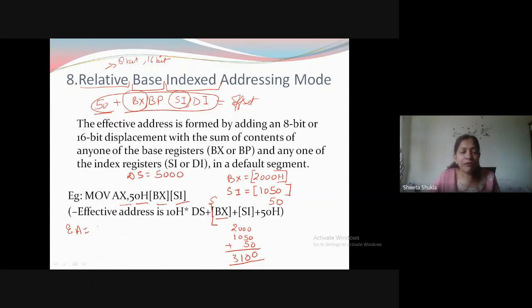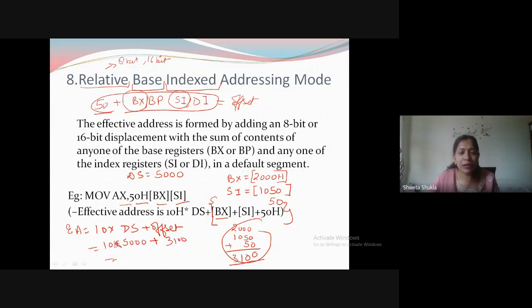Remember, you are multiplying by DS, 10 into DS plus offset. You know that 10 into 5000 plus the offset, because this completes your effective address, and now the offset is 3100. So just write 3100 here.